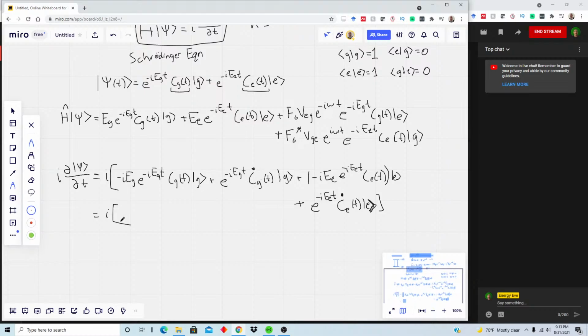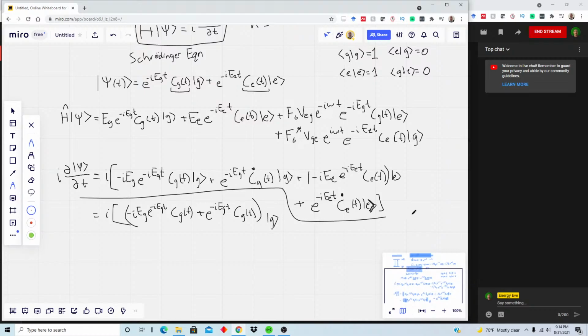And what we can factor this thing out, get minus I to the EG, this out, plus this, and then we get plus, we can factor out these terms.